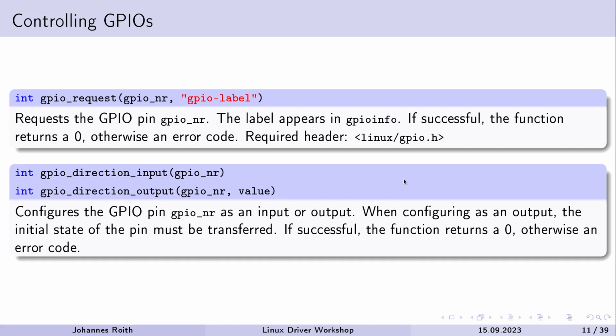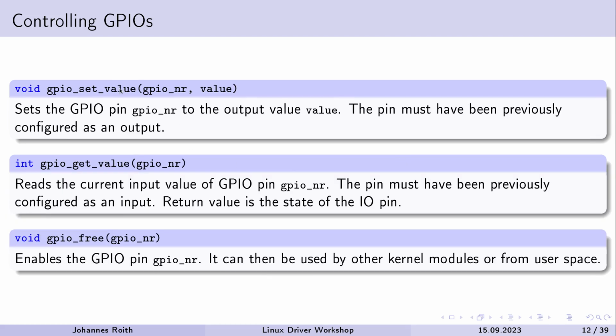Okay, so now we have configured our IO pin. So how can we set the pin, or how can we read back its state? Therefore, we can use the gpio_set_value function. Before that, we have to set the direction of this pin to output, and as arguments, this will take the GPIO number and the value.